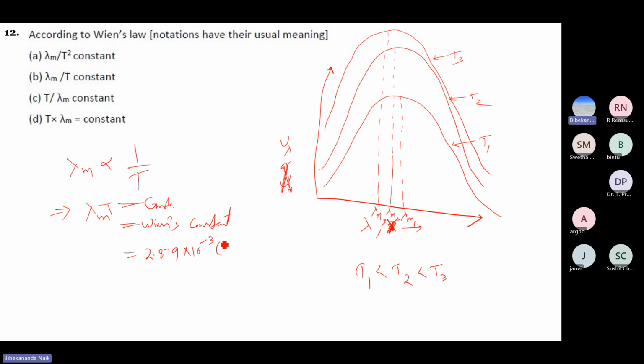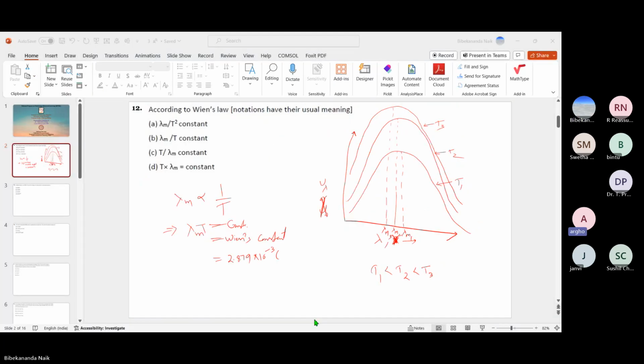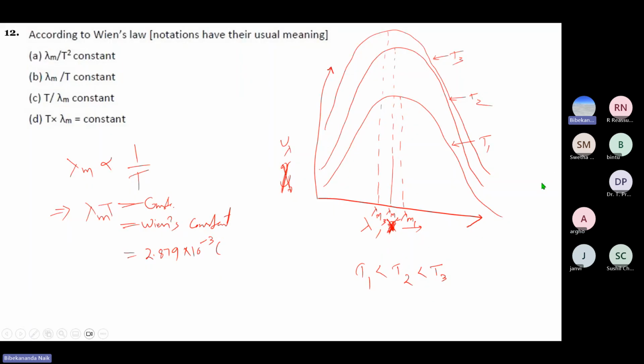What will be the unit? Kelvin. Once again, I couldn't hear you. Meter Kelvin. Yes, exactly. So the unit will be meter into Kelvin, because here it is lambda into T.